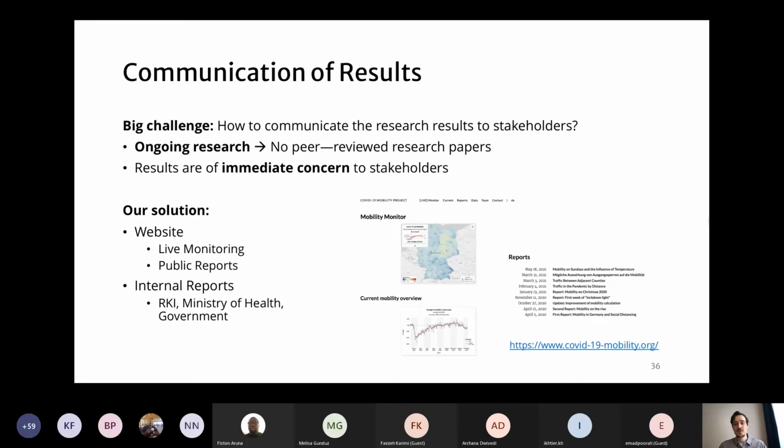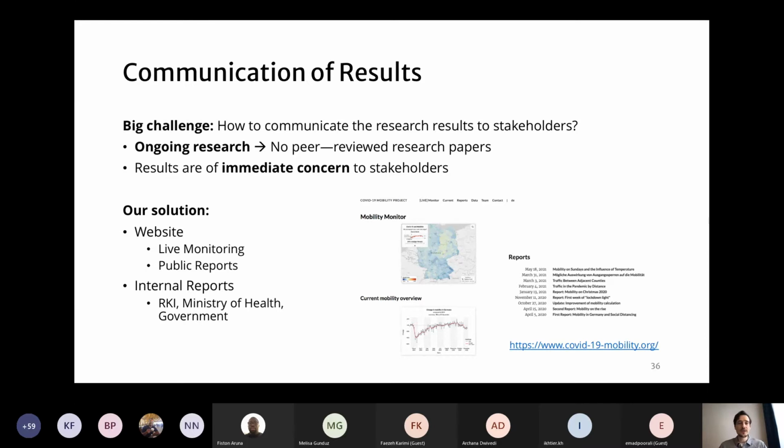But here, this was a great example of ongoing research where the results are of immediate concern to stakeholders, to policymakers. And so what we did is we set up a website where we published our results on a daily basis and had some plots that we kept live, basically, which allowed a live monitoring.